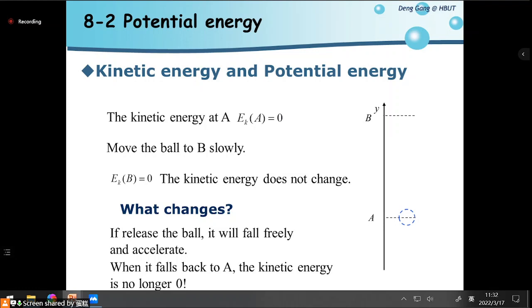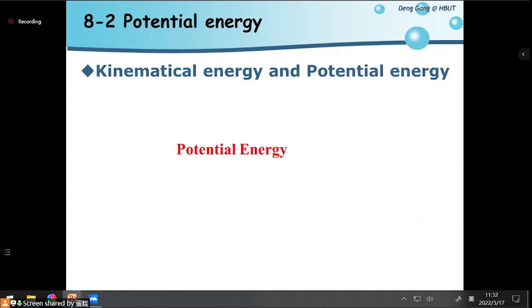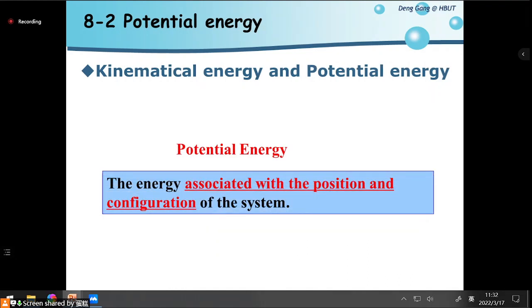It's called potential energy because it has the potential to change into other energies. So when I move it from A to B, what I increase is the potential energy, not the kinetic energy.